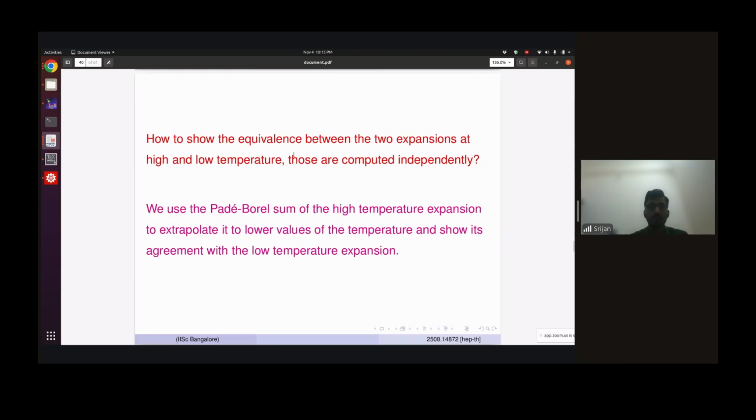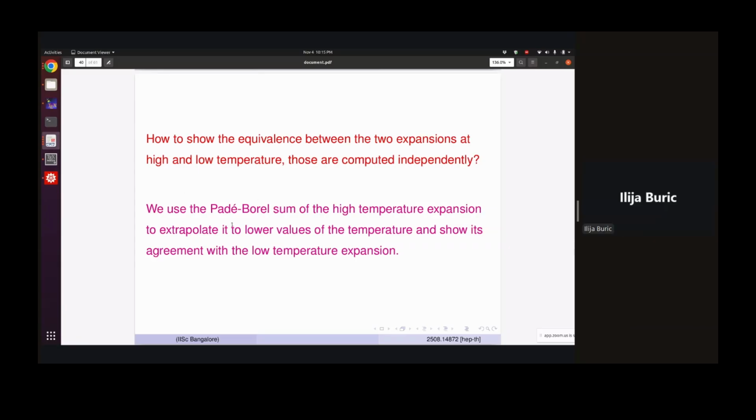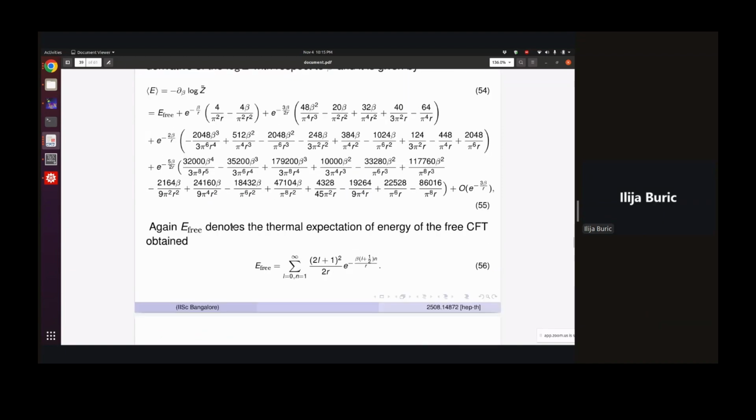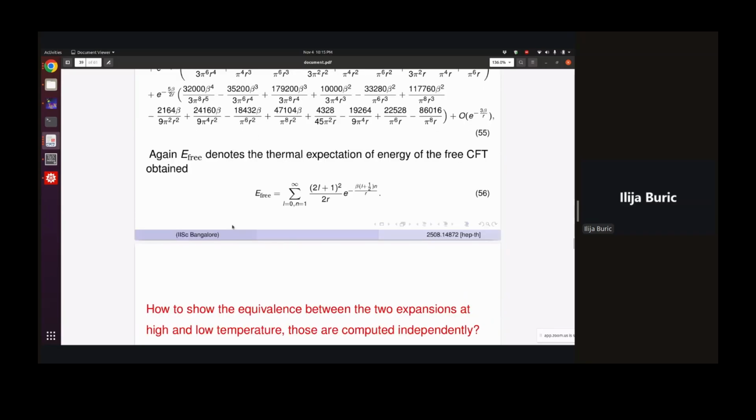I mean, we are not using the knowledge of the low temperature in the high temperature computation. Sorry, before you go there, can I just ask, you have this polynomial thing, the terms in beta. If I think about the character decomposition and the spectrum is half integers, how do they appear?